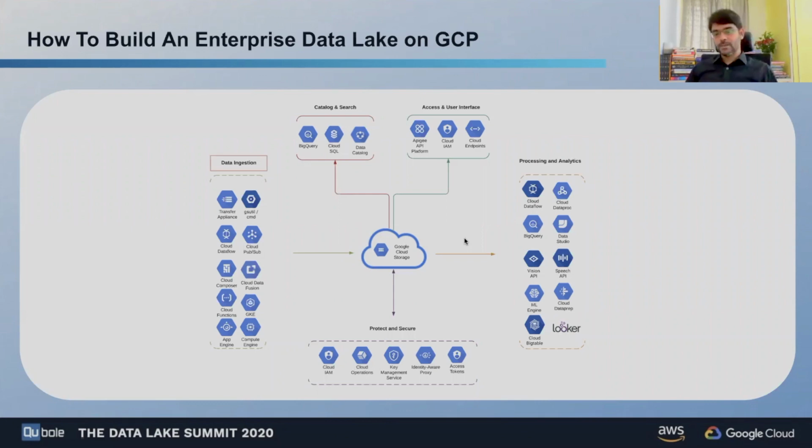So where is it coming from? Who is the owner? And how is this useful? Like, what kind of use cases? And any other attribute which you think is relevant for your business, right? So you could capture all of those. So each object will have this metadata.